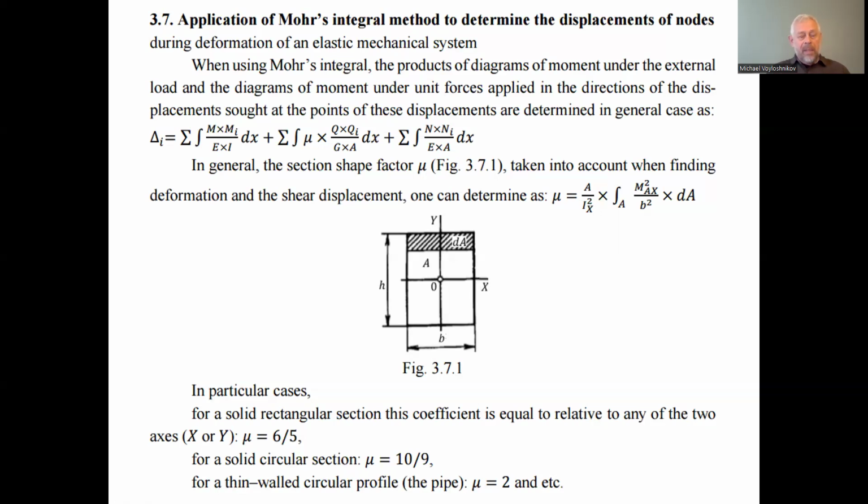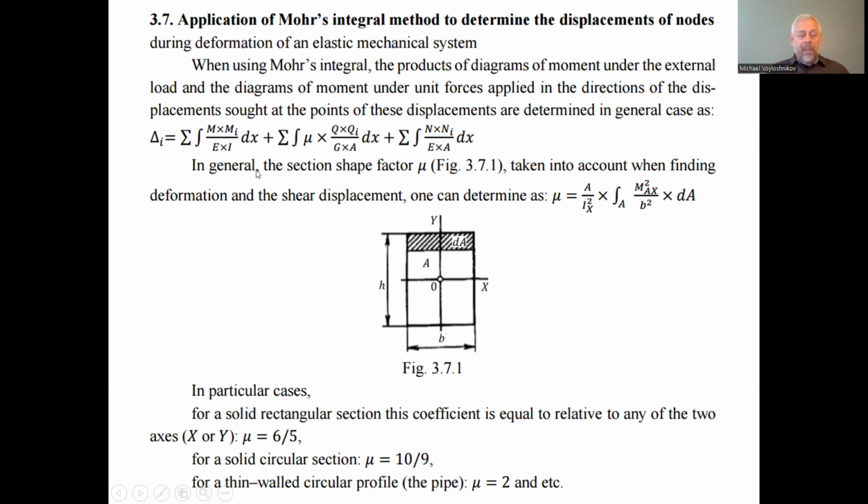So we have reciprocity of the displacement. The second summand is the displacement under the action of the shearing forces, while the first one is under the bending moments. In the denominator of the first integrand, we have the product of the elasticity modulus E by the moment of inertia of the transverse section of the bended element of the mechanical system.